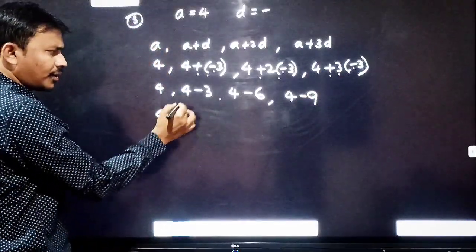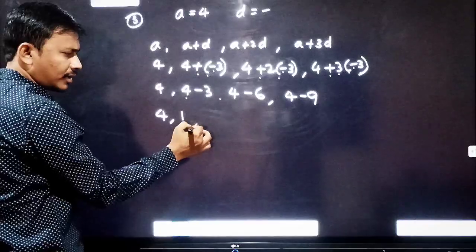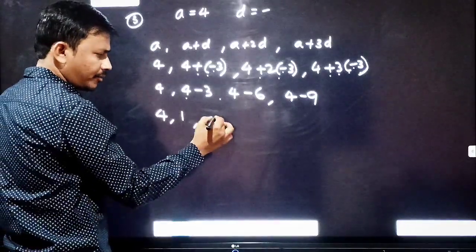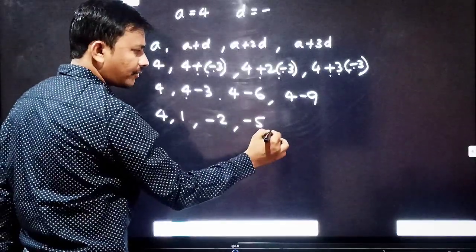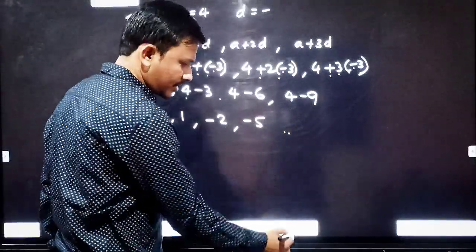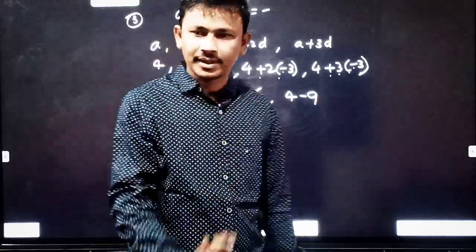Okay. 4 minus 3 is 1. 4 minus 6 is -2. 4 minus 9 is -5, and so on. Correct? So on, but only 4 terms.